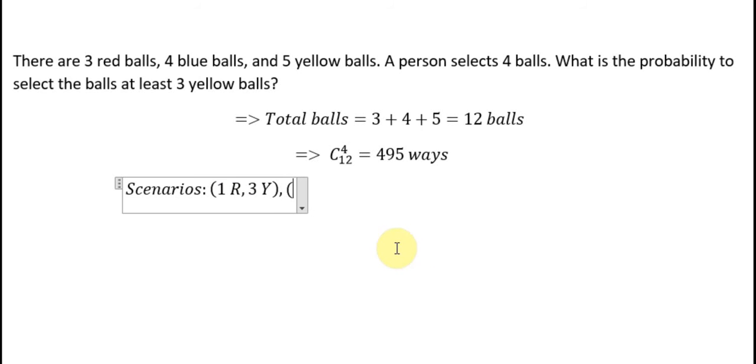And next one, similar: 3 yellow bonds and 1 blue bond. The question mentions at least 3 yellow bonds, this means we select 4 yellow bonds, so they still count in this scenario.